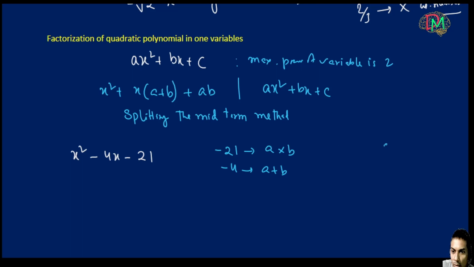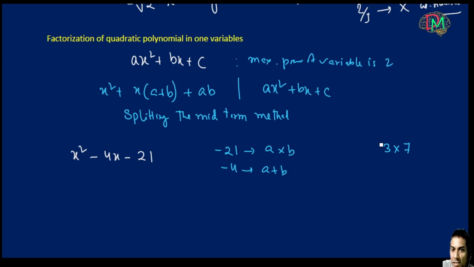By factorization you can find the factors of 21. From there you can find there could be 3 and 7, so 3 into 7 is 21. Now since it is minus, one of them must be minus, and since the middle value is minus, the larger value should be minus.